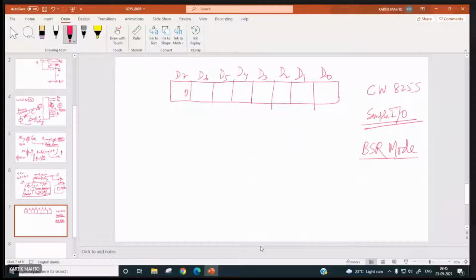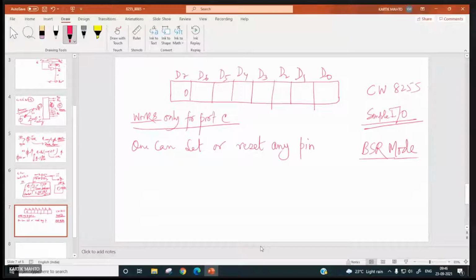BSR mode works only for port C. Port C, and using this mode one can set or reset any pin of port C, any pin of port C, PC0 to PC7.